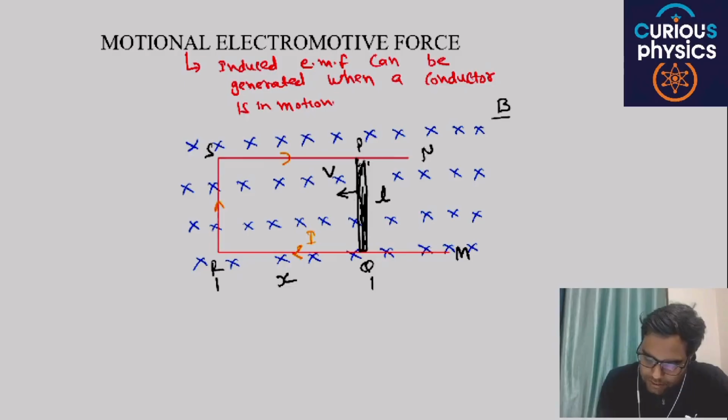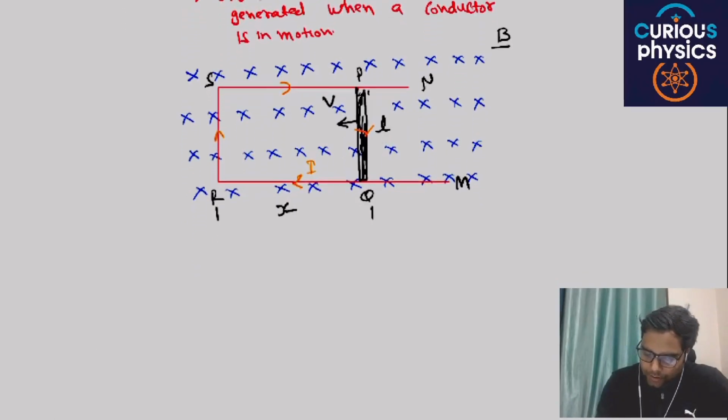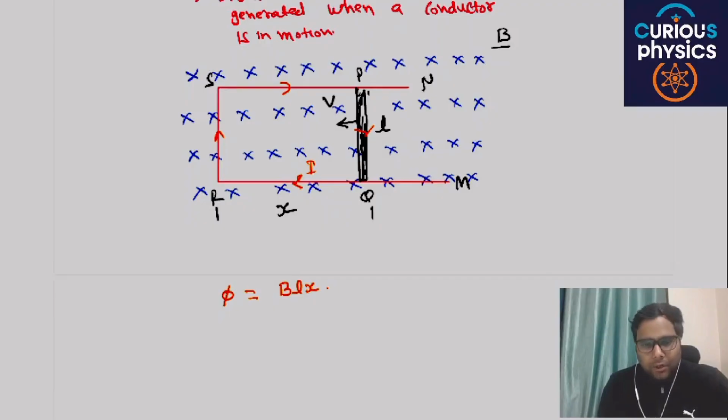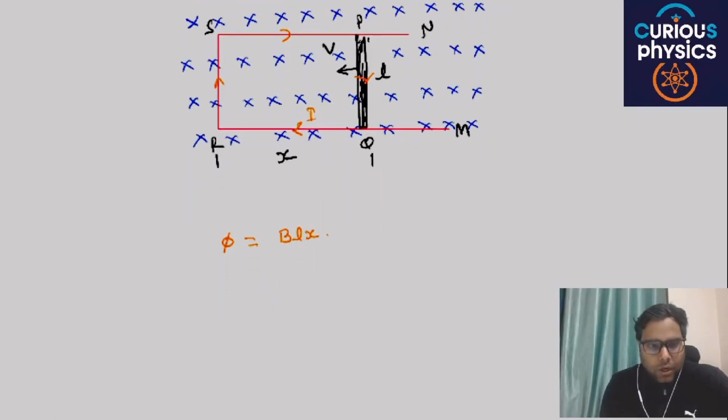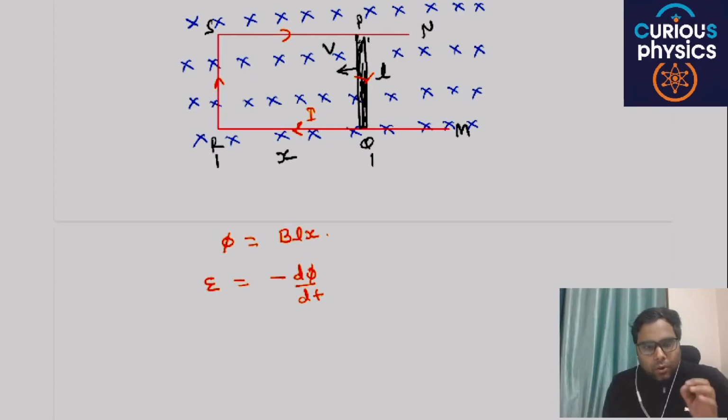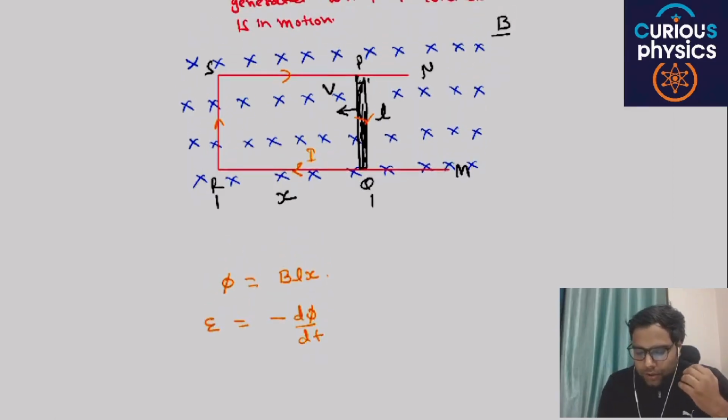Now the magnetic flux is nothing but B L into X. Then according to Faraday's law, induced EMF is minus d phi by dt. We already know the direction of electric current with the help of Lenz's law.